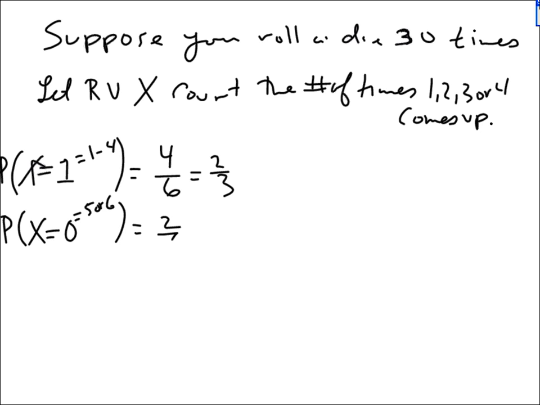And this is 2 out of 6, or 1/3. So either you get 1 through 4, or you get 5 or 6. It's one or the other. We made it our binomial.